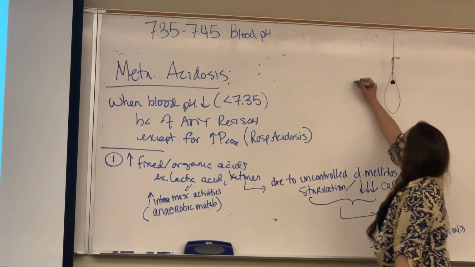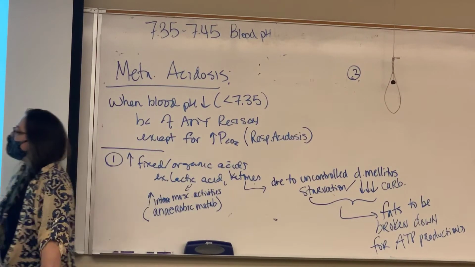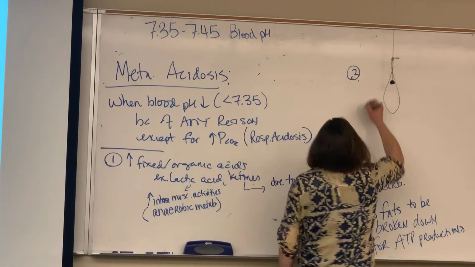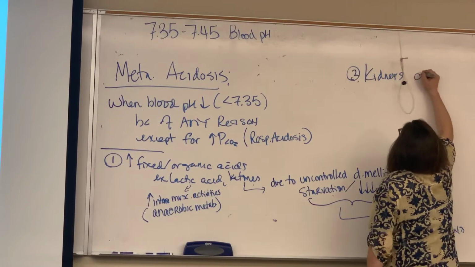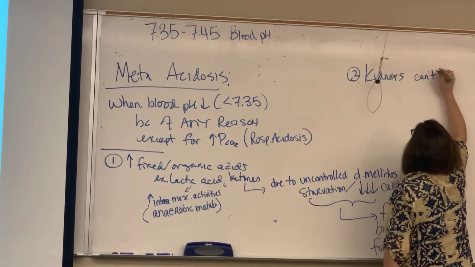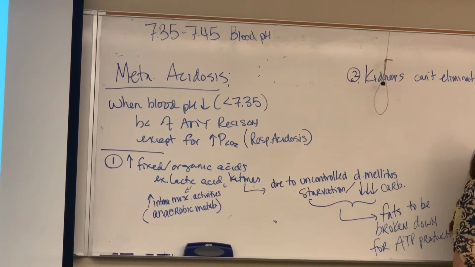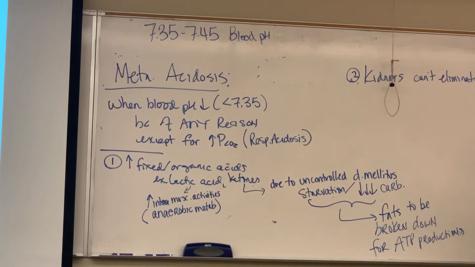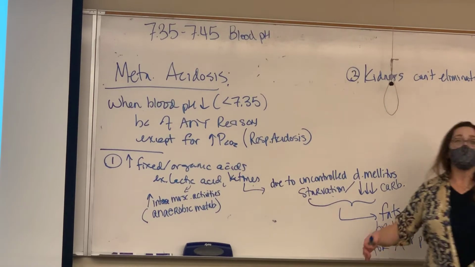Okay. Second big reason why you might be in metabolic acidosis is if your kidneys aren't working properly. Okay. So if your kidneys can't eliminate hydrogens properly, that could throw you in metabolic acidosis. Typically at the DCT, you are secreting hydrogens.